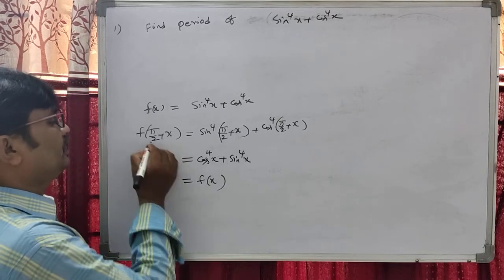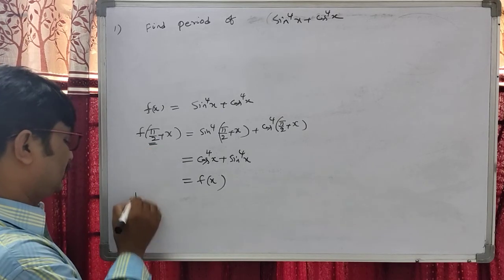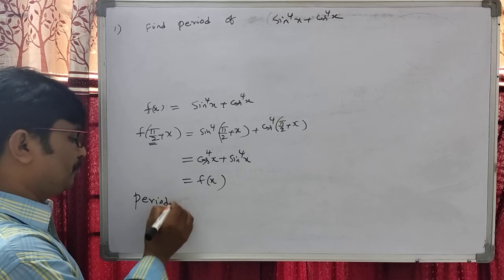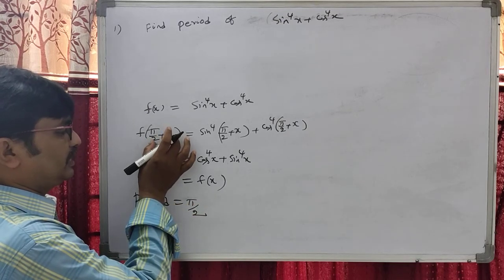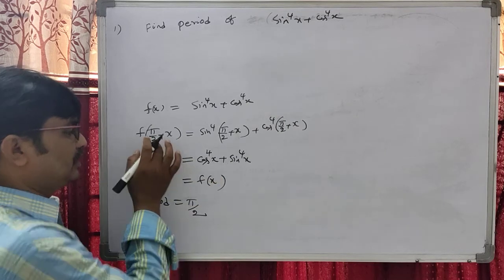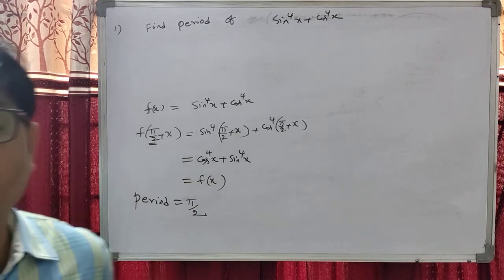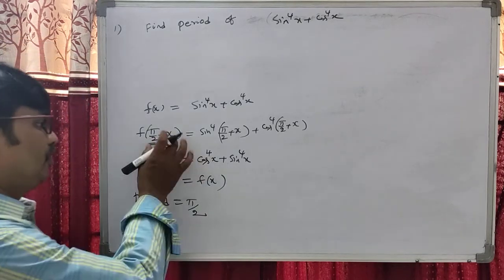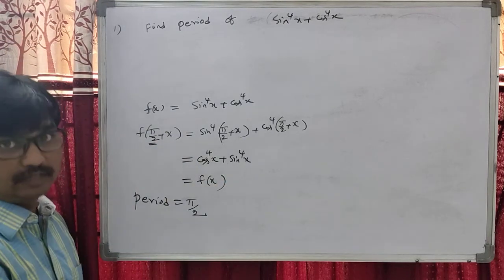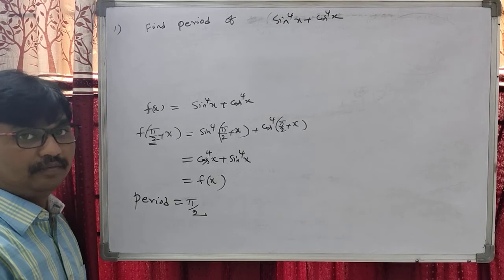So the period is simply pi by 2. The formula is f of p plus x equals f of x; the least positive real value p is called the period, by the definition of a periodic function.